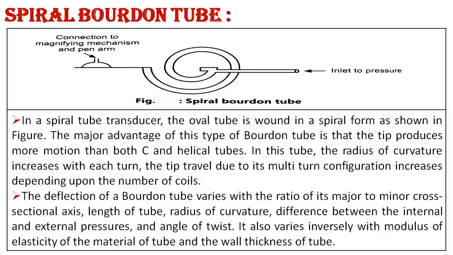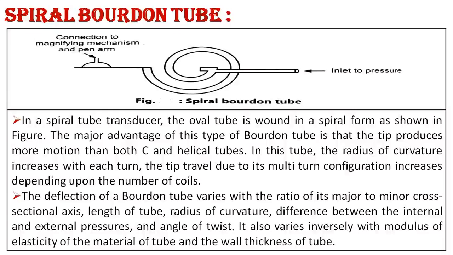In this tube, the radius of curvature increases with each turn. The tip travel due to its multi-turn configuration increases depending upon the number of coils.